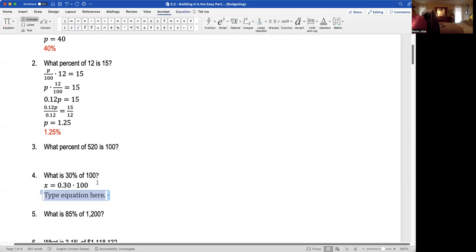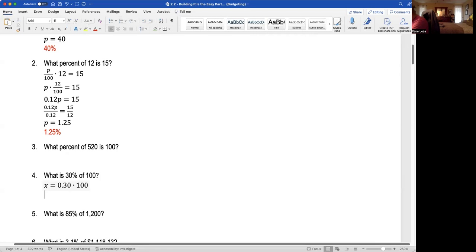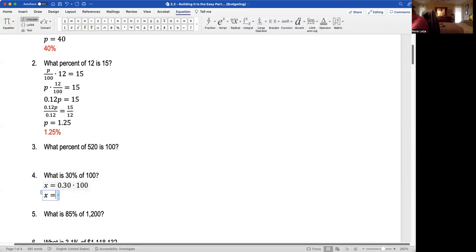Well, if I multiply by 100, then all that means is I move the decimal. I'm making this number bigger because I'm multiplying it by 100. So I move it 2 places over because the 100 has 2 zeros. Okay, so X equals 30. So 30 is 30% of 100.